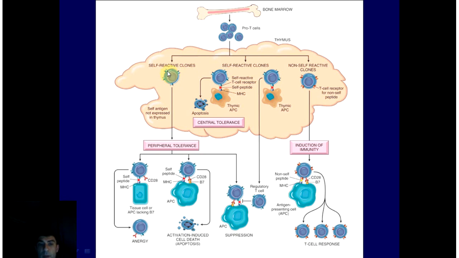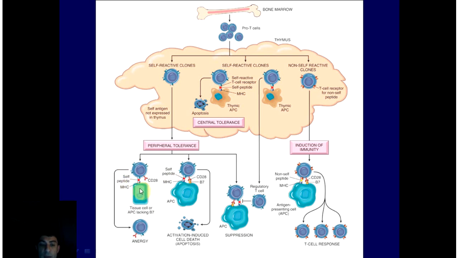And that's why some self-reactive clones leave the thymus, and their destiny now depends on future contacts with self-antigens. There are three pathways by which they may be inhibited. One emphasizes the important role of deficiency of co-stimulation.